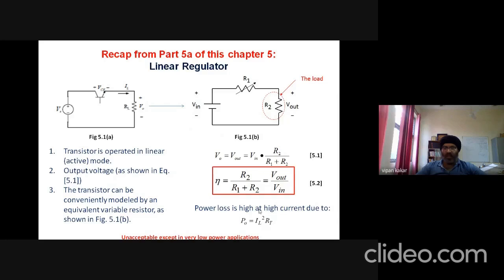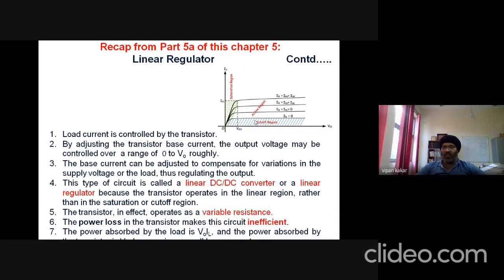The thing is that the output power is normally far less compared to the input power. It means that due to the operation of this transistor in the linear region or active region, we can have a lot of power losses in between.